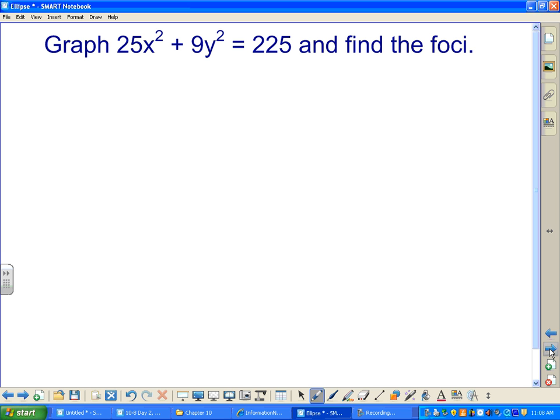What did I have the general form of the ellipse looking like on that last slide? It was equal to 1. So I want to get this equal to 1. One way is to subtract 225, but that isn't really going to be very helpful. What else did that equation have besides equal to 1? It had fractions. How can you get fractions?